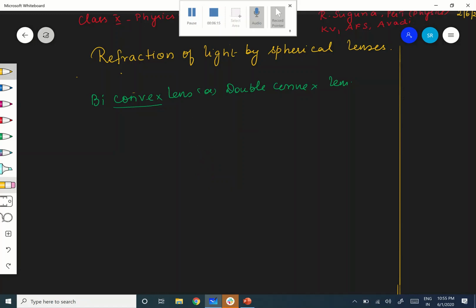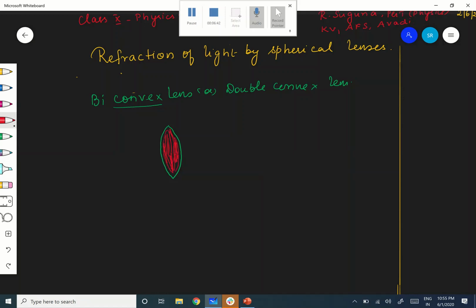The first one is a biconvex lens or double convex lens. The transparent medium is bounded by convex surfaces on both sides.